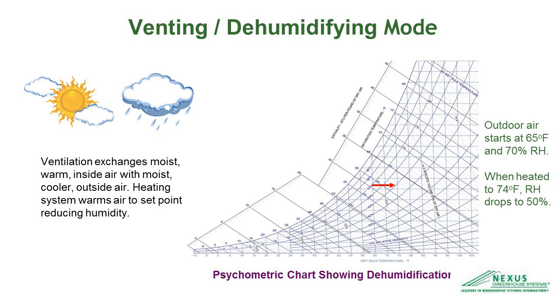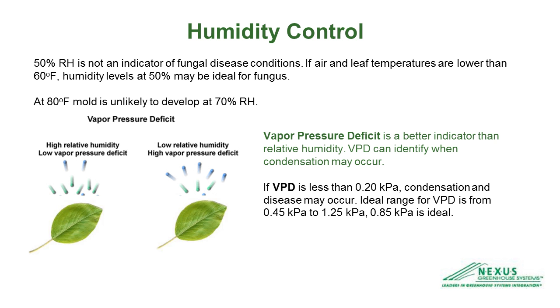So one of the things that most folks will often quote us is that they're looking for a 50% relative humidity, which is really not a great indicator of fungal disease conditions. 50% relative humidity is an archaic way of thinking about your cooling system and your dehumidification system and your heating system, back from the warehouse days of growing, where your warehouse would dump very cold air over top of the crop in a very localized spot just underneath the ductwork.